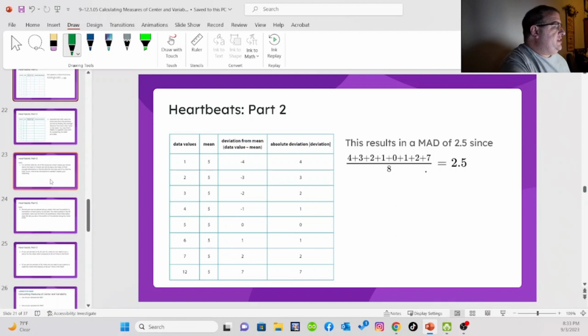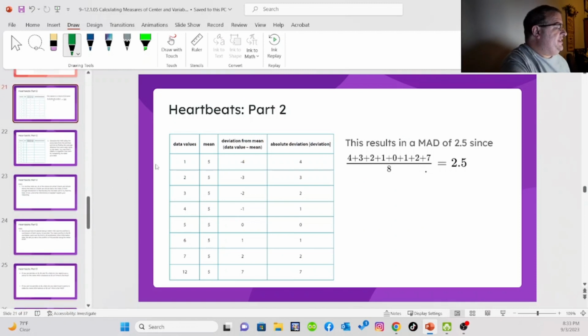So on this slide here, what we have is an example of how to calculate the mean absolute deviation, or the MAD. So when we think about this word, we have mean, which means average.